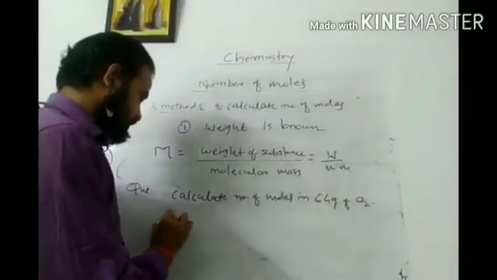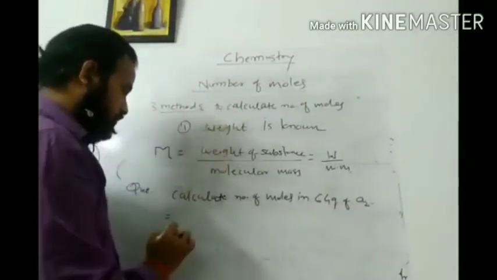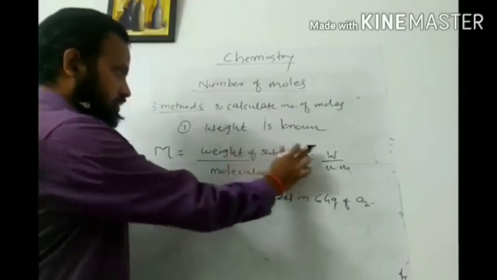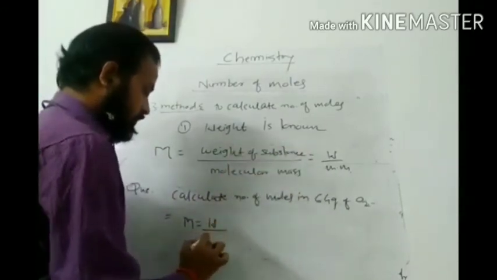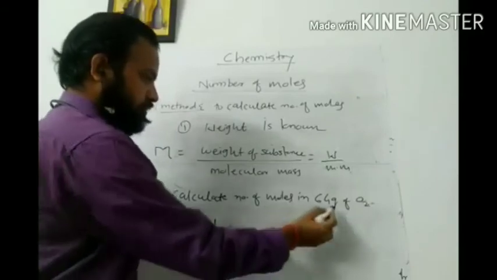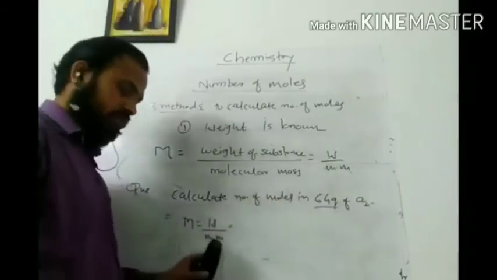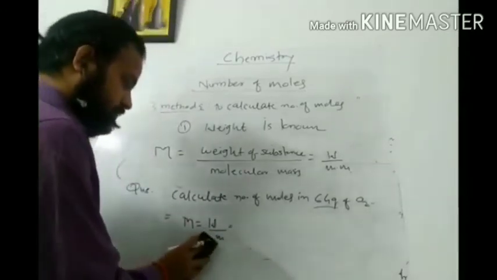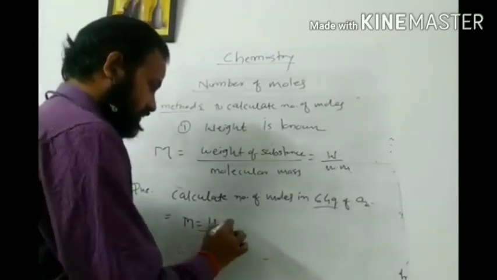As we all know, number of moles equals W divided by molecular mass. W is given, it is 64 gram. Only we have to calculate the molecular mass, so we just write it down.